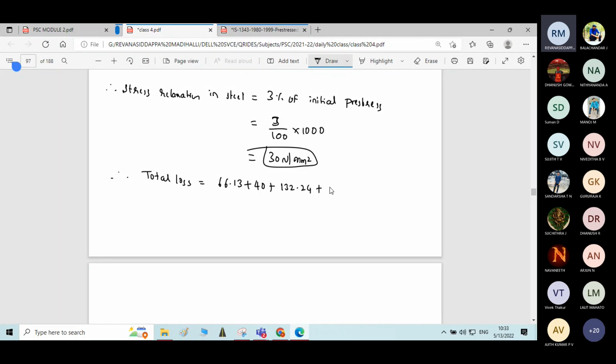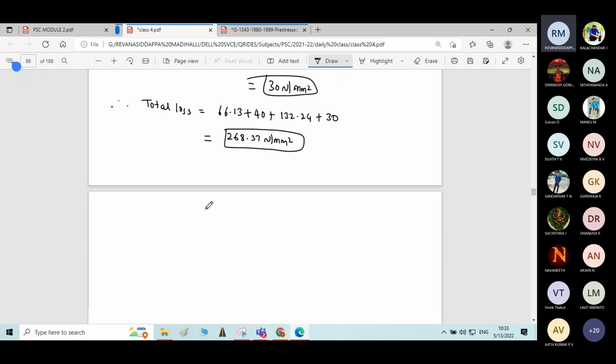Lastly, loss due to relaxation of stress in steel, 30. By this, we'll get the total loss. How much we'll get is 268.37 Newton per mm square is the answer.